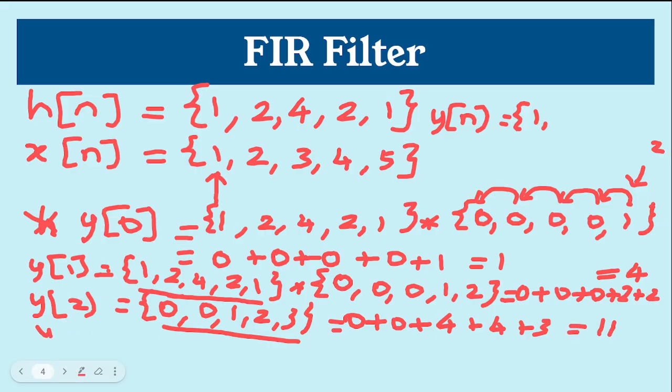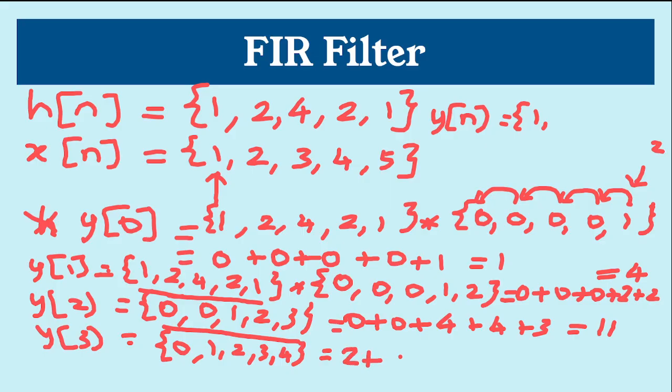We'll see if this is the correct output or not. Then we again shift: 0 1 2 3 4. When we do this math, we have 2 plus 8 plus 6 plus 4, which is 20.